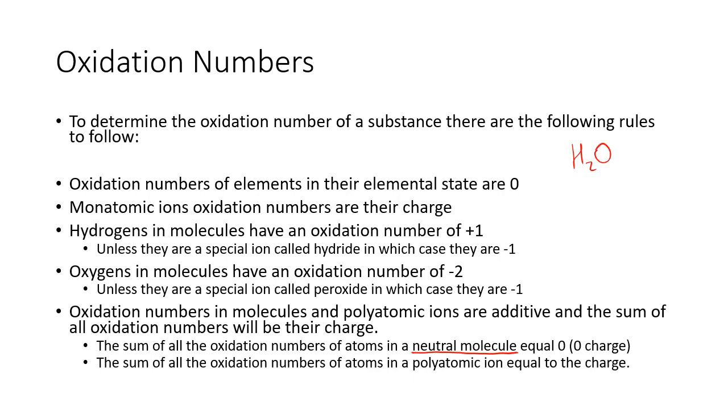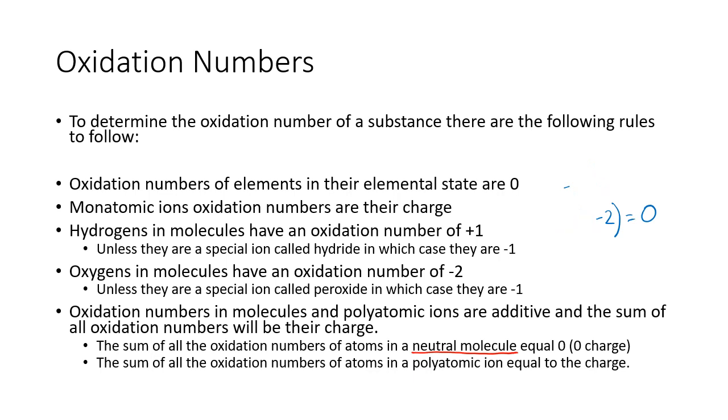The oxidation number of the hydrogens is +1, but there are 2 of them, so that's +2. The oxygen is -2 because this is not a peroxide. When you add those together, they equal 0 because this is a neutral molecule.